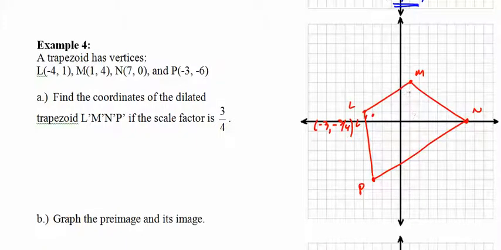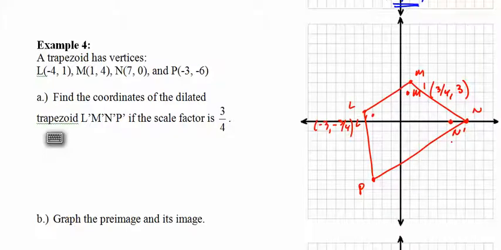1, 2, 3, 4. It's going to come down here, and then it's going to come over to here. So this is M prime, which would be, pardon me, 3/4 comma 3. And 1, 2, 3, 4, 5, 6, 7 times 3/4 is 21/4, which is 5 1/4. 1, 2, 3, 4, 5 1/4.